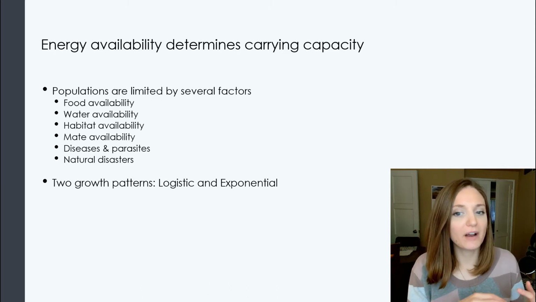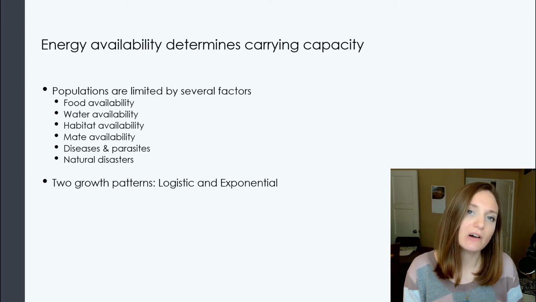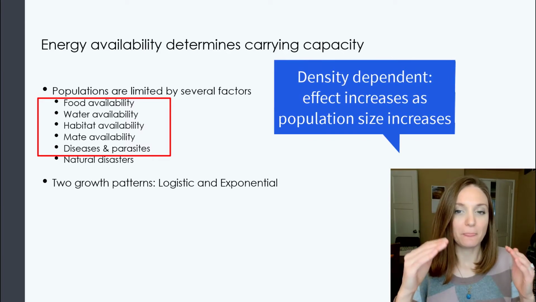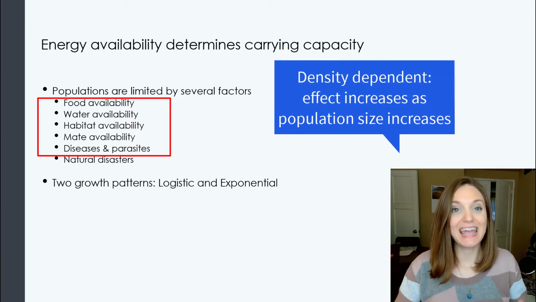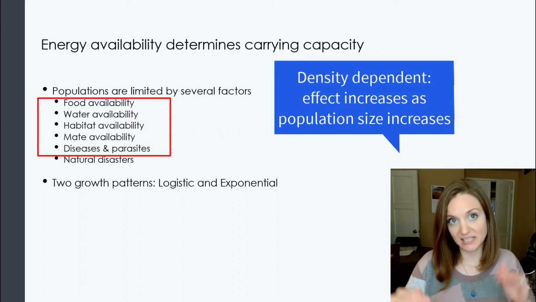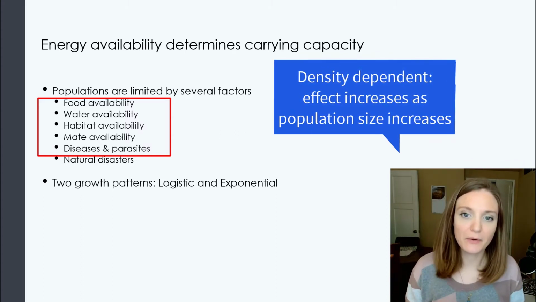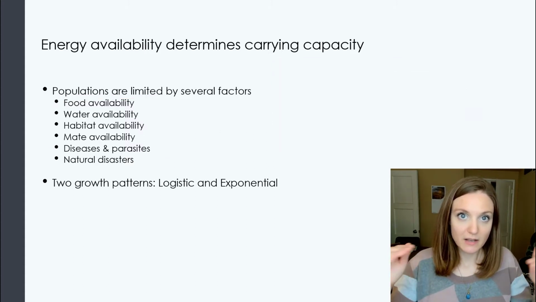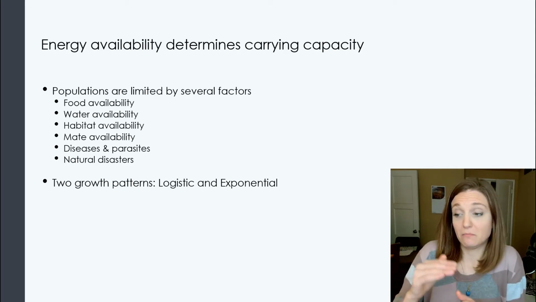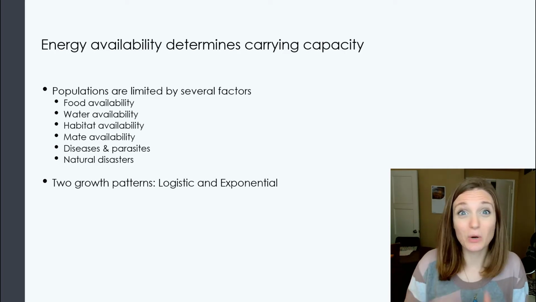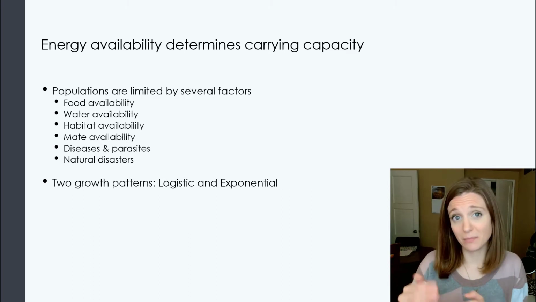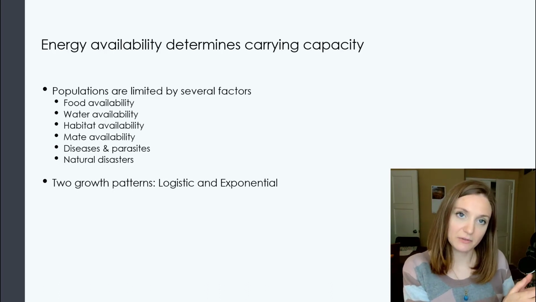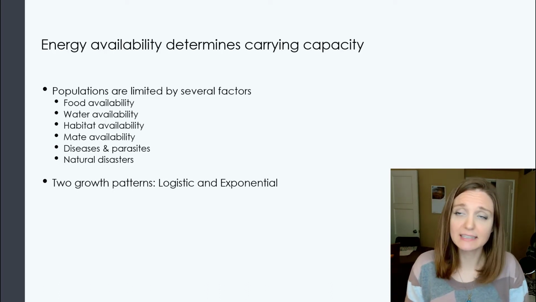And things like food, water, habitat, mate, diseases, parasites, those are what we call density-dependent limiting factors, meaning that their impact increases as the population size increases. So if we think about population growing and expanding, there's only so much food available. The competition for that food is going to get harsher and harsher and harsher. It's going to get more competitive to access that food as the population increases. Those are the density-dependent factors, so they have an increased effect as the population increases in size.